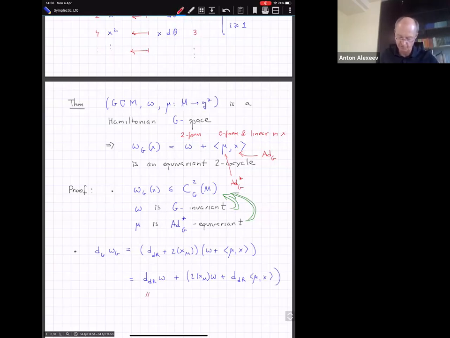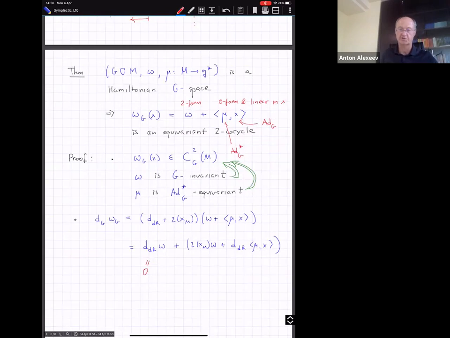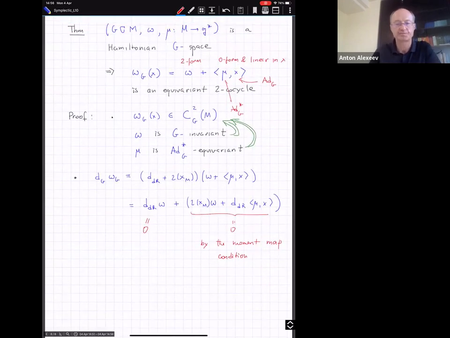So the first term is 0. This is because the symplectic form is closed. And this is 0 by the moment map condition. Right. So this finishes the proof.